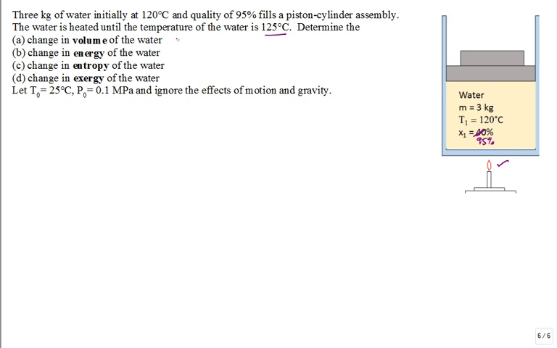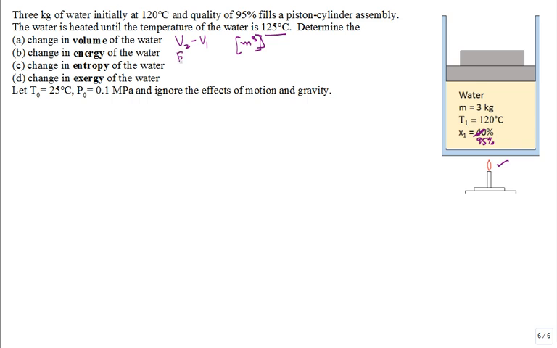What are they asking us to calculate for part A? V2 minus V1. What would be the units on that answer? Meters cubed. Notice, let's just go through. What are they asking us to calculate for part B? The change in the energy of the water.